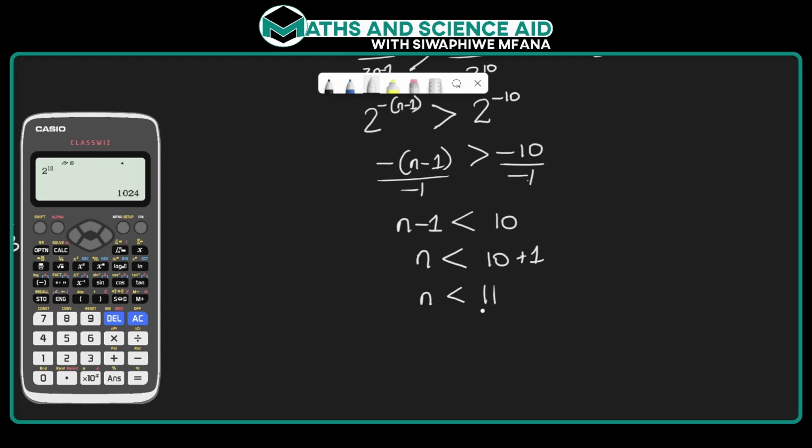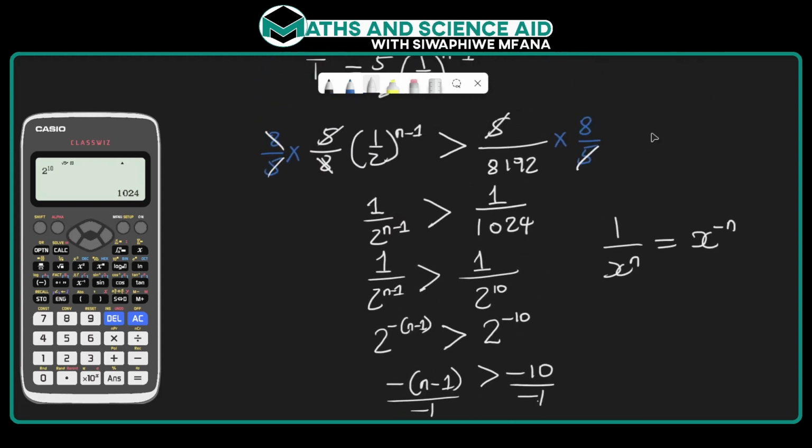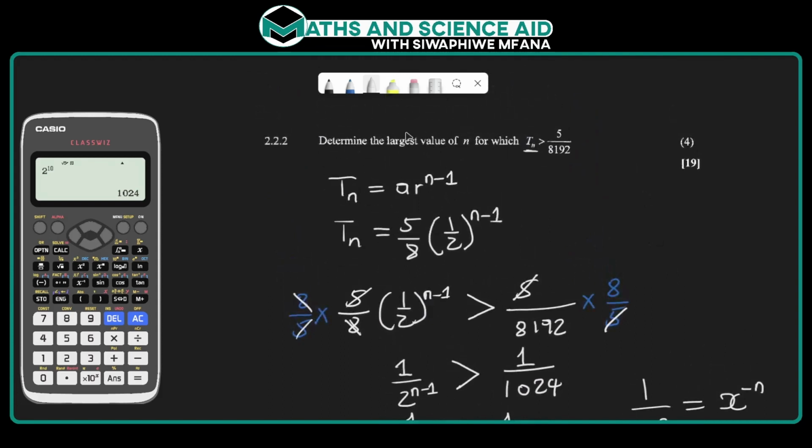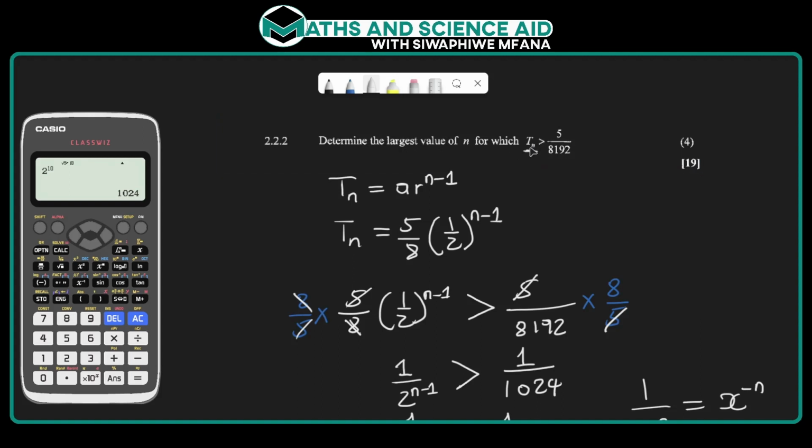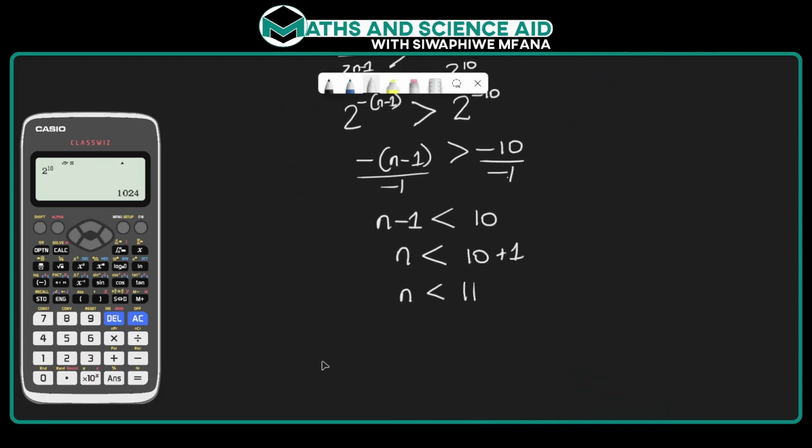Okay, but we have not answered the question yet. Let's review the question. So the question was, determine the largest value of n for which our inequality is true. So we want what? The largest value of n. The largest. Take note of that.